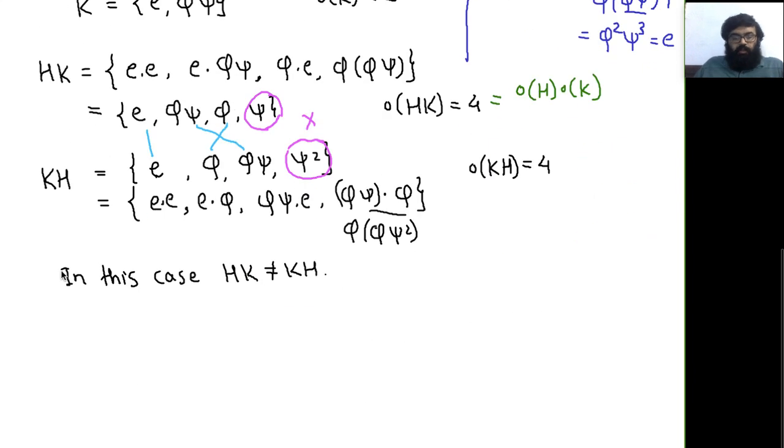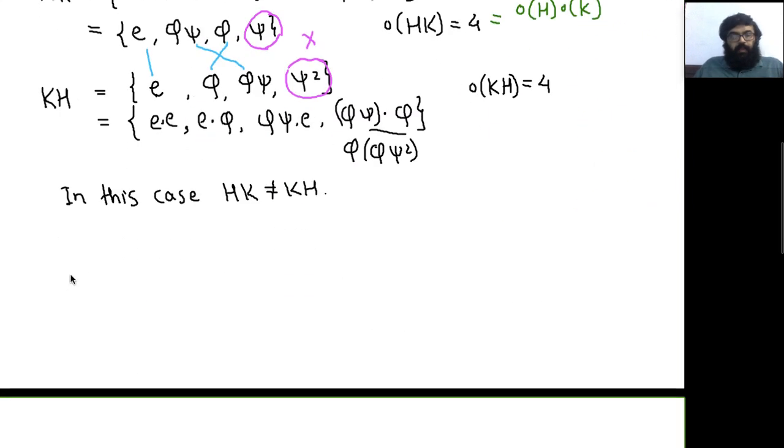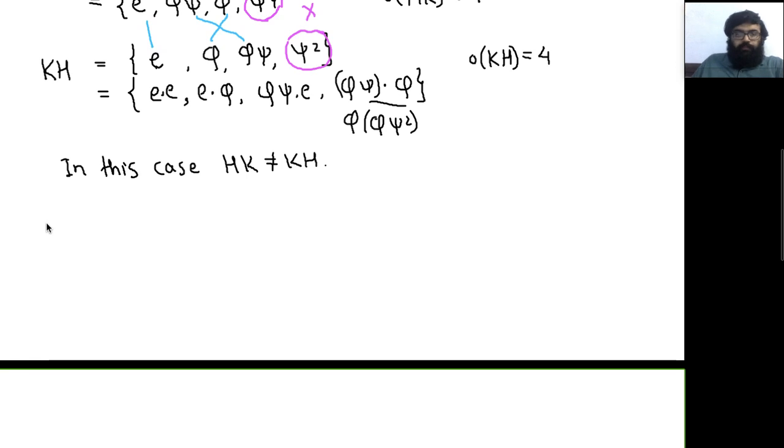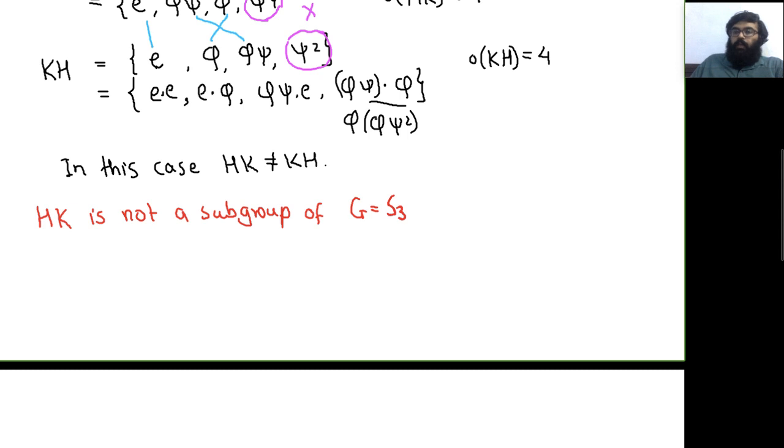So that also we remark here. Let me remark with some other color so we can notice. HK is not a subgroup of S3. Why?